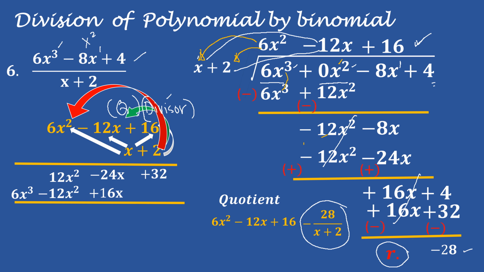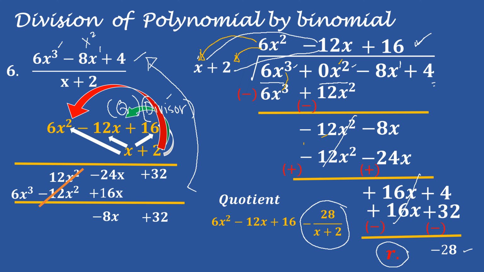So to find out if our answer is really going back to the dividend that we have, this is our dividend. Let us try bringing it down. Positive 32, and then negative 24x plus 16x will give us negative 8x.